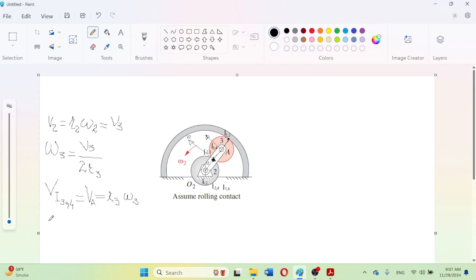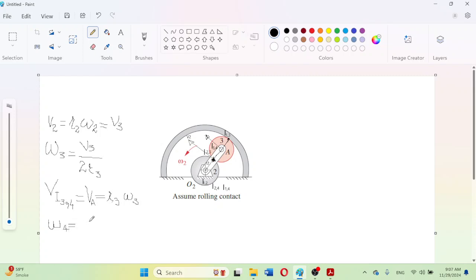I can say the angular velocity of this link number 4, which is actually playing the role of the rocker link here, or the output link.